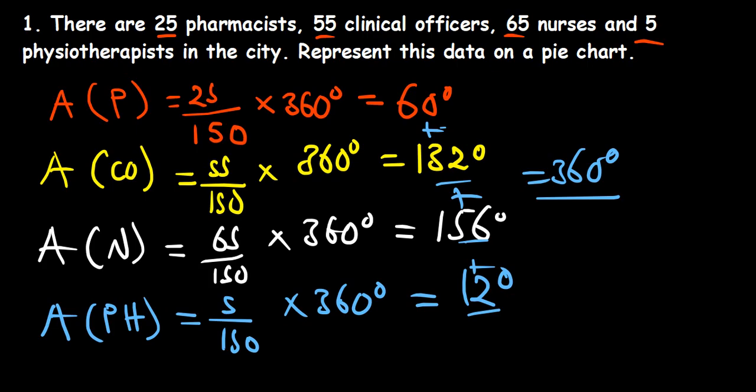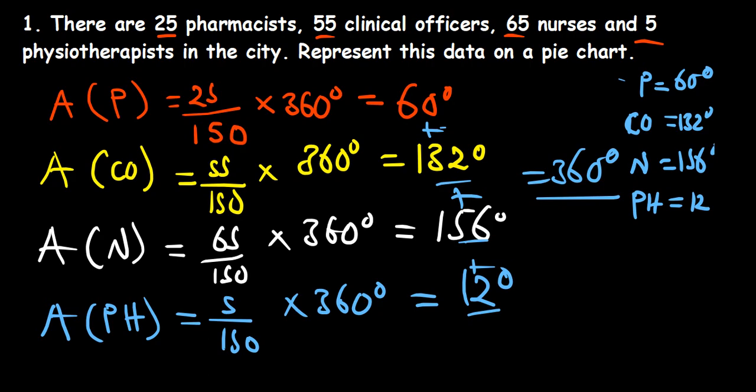Okay, so once you have that, you can now represent this information on the pie chart. So we are going to say, let's write here, the one for pharmacist is 60 degrees, the one for the clinical officers is 132, and then the one for nurses, we found it was 156 degrees, and then the one for physiotherapists, we just found it was 12 degrees, like that.